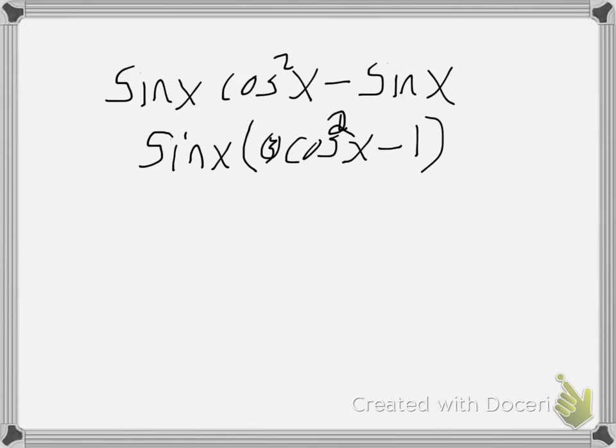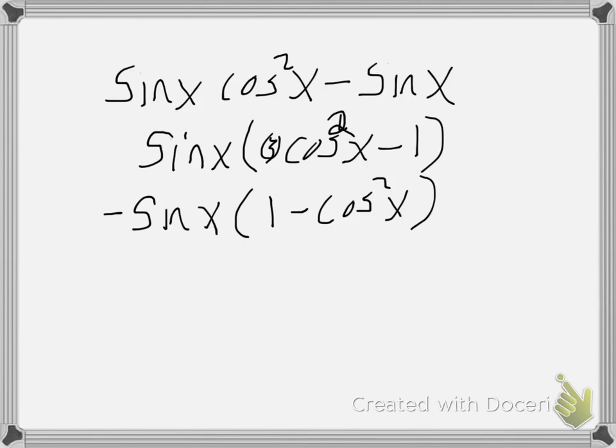Well, what's cosine squared of x minus 1? That's something that you already know. And don't forget, we also have our even and odd identities too. So cosine squared of x minus 1, we can factor out the negative 1. So we have negative sine of x times 1 minus cosine squared of x.